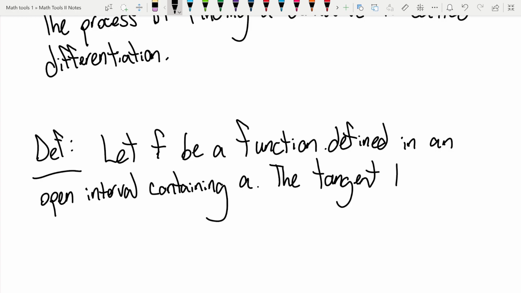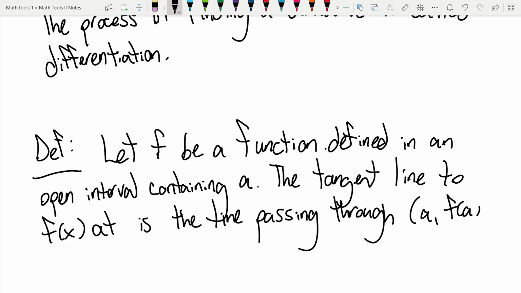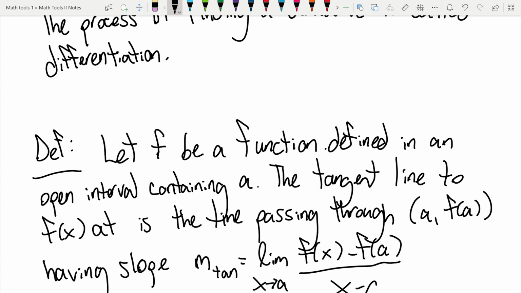Then the tangent line to f of x at a is the line passing through (a, f of a) having slope m, maybe we write m tan, equals the limit as x approaches a of f of x minus f of a divided by x minus a.